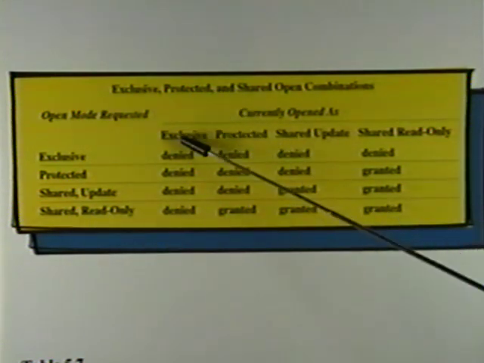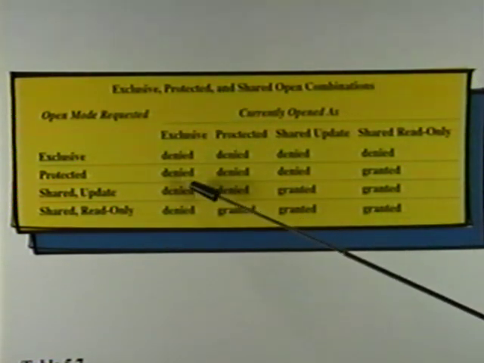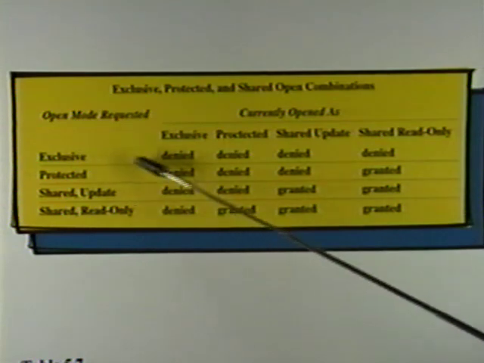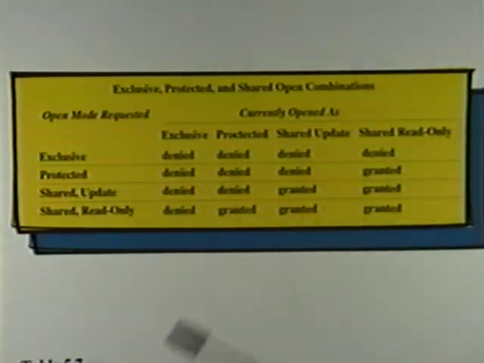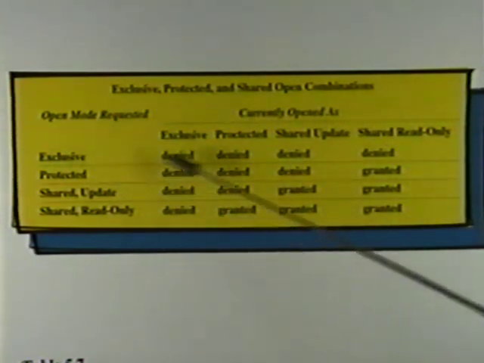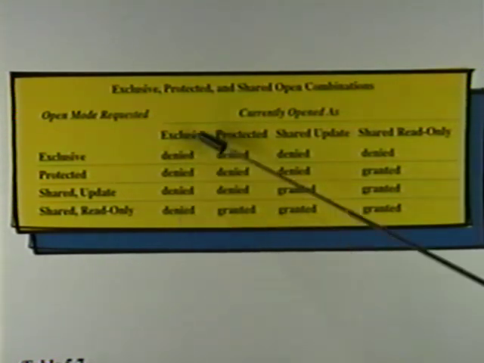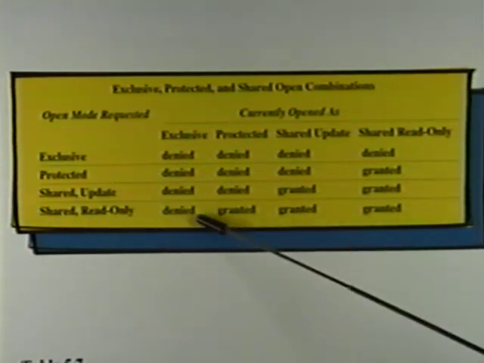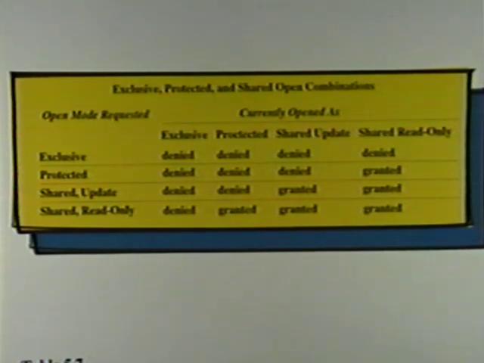Now notice that for exclusive, denied, denied, denied, denied, and across here, denied, denied, denied, denied. So once again, exclusive open mode is the most restrictive of all of our open modes, and essentially means that if the current file is already open, we can't even open it for any other mode. Okay, we can't even do a read-only on that file.